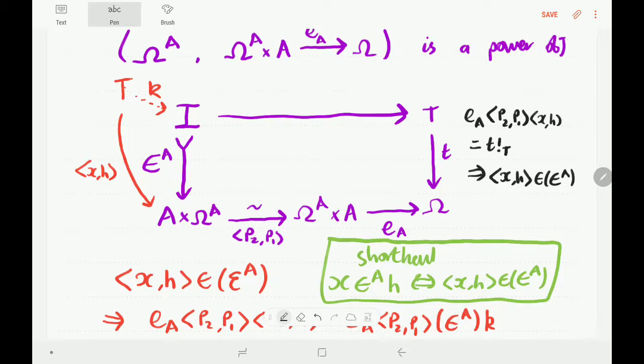That just comes from the basic point that this bottom horizontal purple arrow is the classifying arrow of ∈ to the power of A.